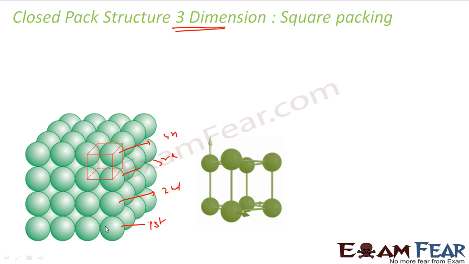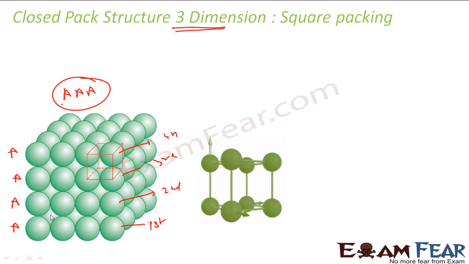So if you see, if this was my one layer, this is called A. The second layer is also A. Third layer is also A. Fourth layer is also A. Correct? So this type of packing is called AAA packing. So here the second layer is placed over the first layer in such a way that the spheres of the upper layer, for example in this case, the second layer, are exactly above the first layer.